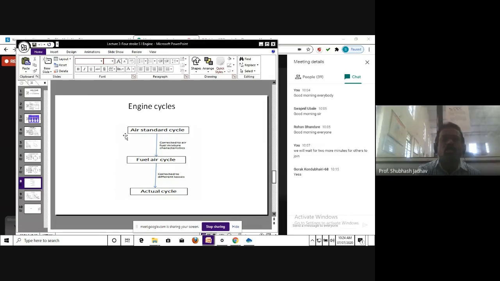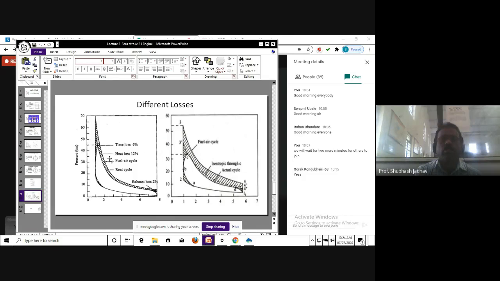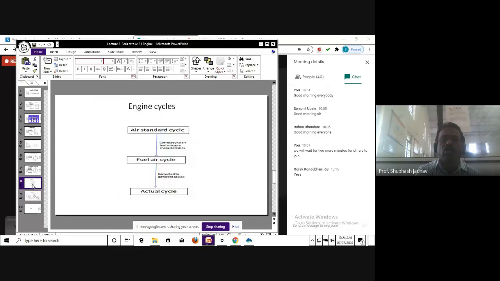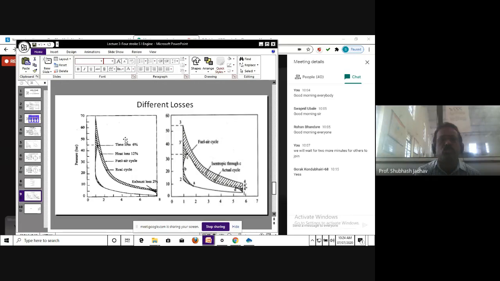So I hope everybody has understood the actual cycle. With respect to that, we discussed some losses. These are the different losses we have discussed: time loss, which is 6%, heat loss, which is 12%, and exhaust blowdown loss, which is around 2%.